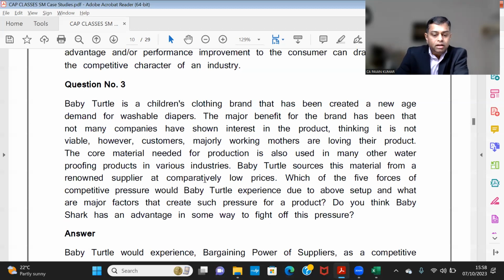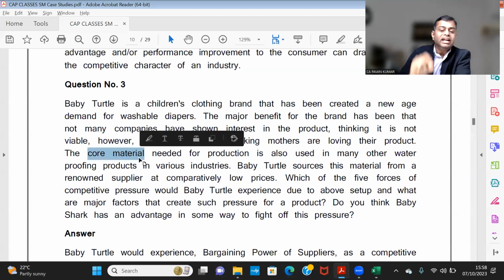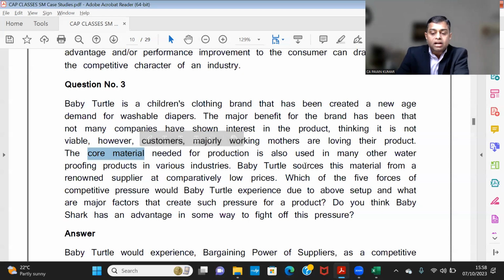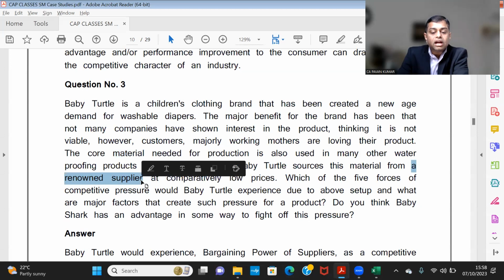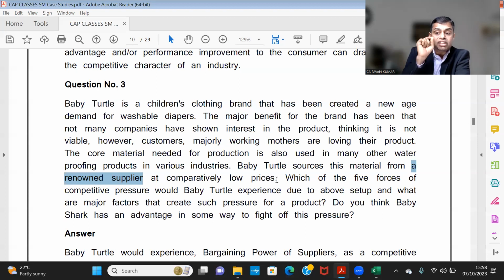If you look at it, there is some core material, raw material needed for production. Baby Turtle sources this material from a renowned supplier at comparatively low prices. So, do you have more suppliers of the product? You want one specific specialized material.